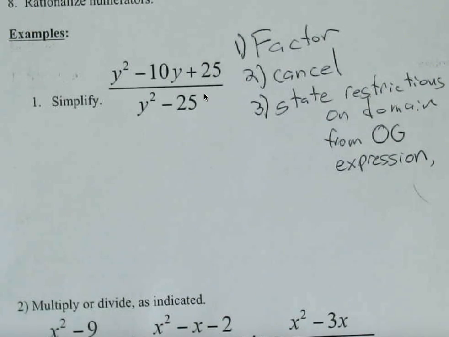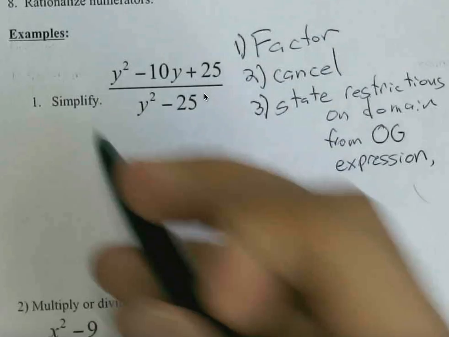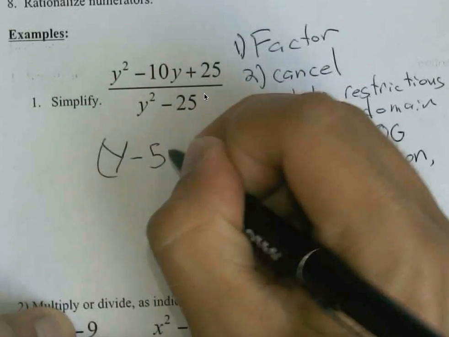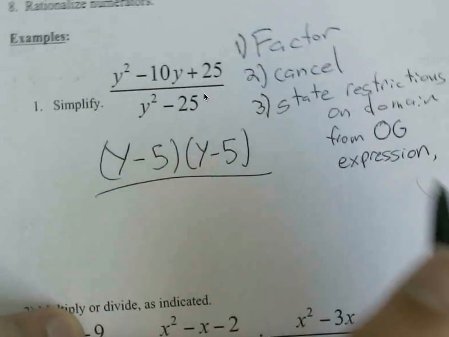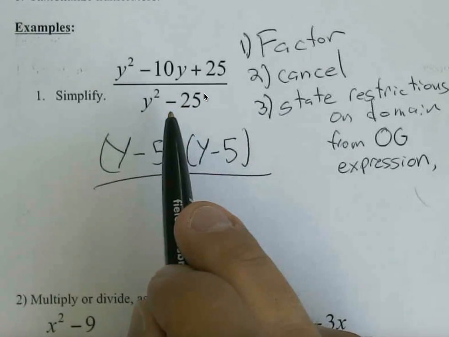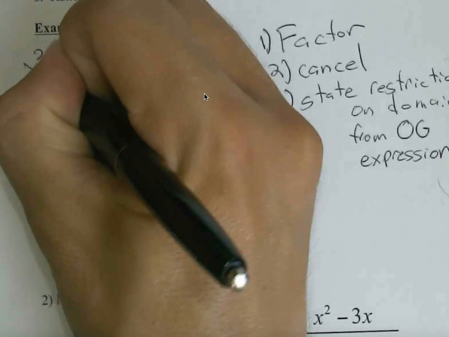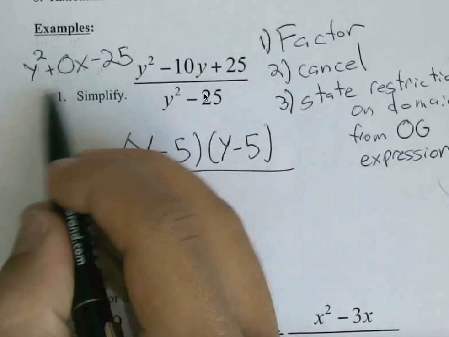Cool. All right, so the top term, that's definitely something you should know how to factor. That's going to be pretty light. Just y minus 5, y minus 5 again. The bottom term, if you were curious about diamond method for this, you'll notice that there's no x term. So if you wanted to, you could really rewrite this as y squared plus 0x minus 25.